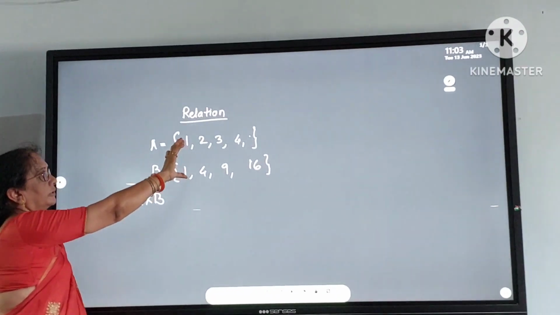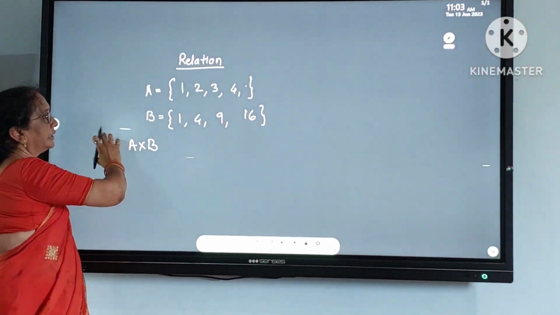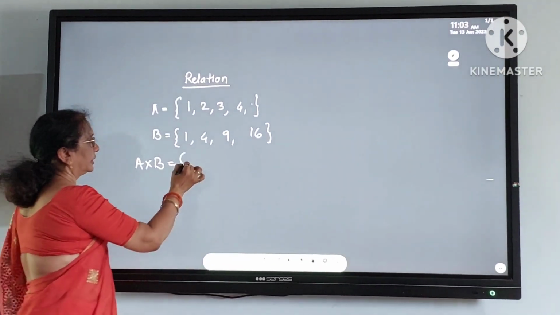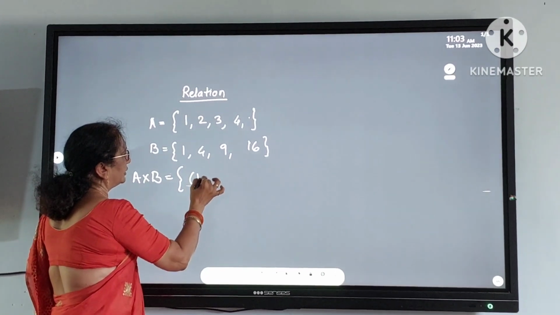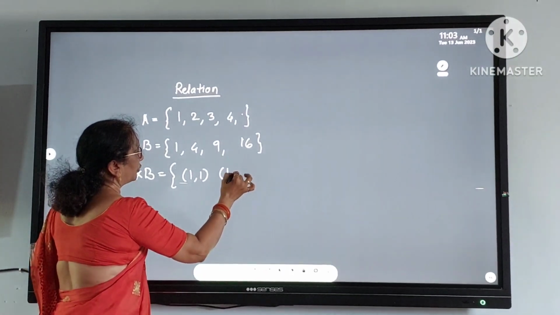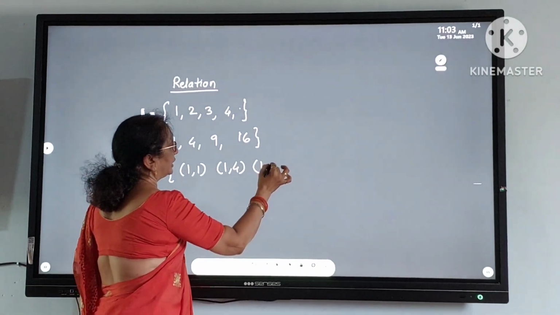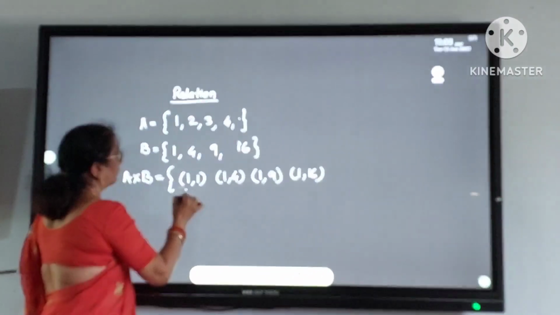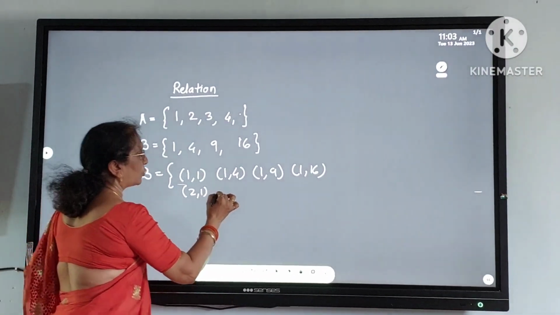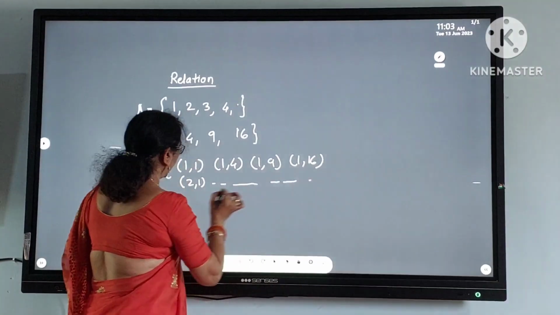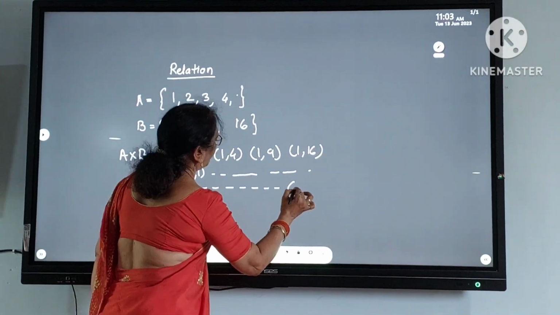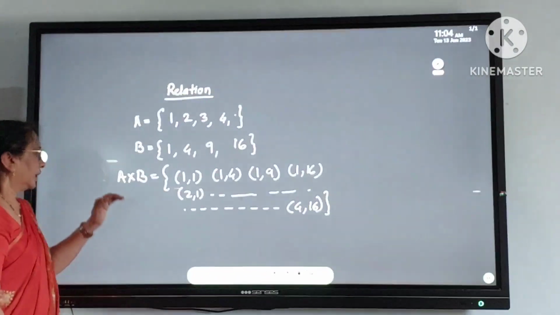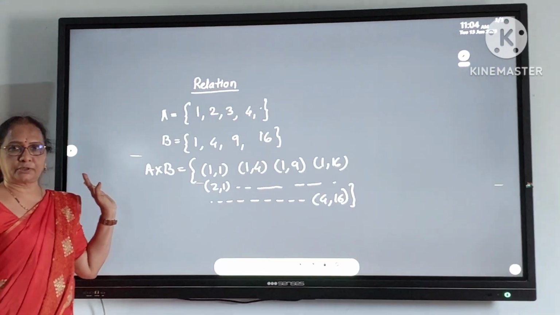The ordered pairs are (1,1), (1,4), (1,9), (1,16), then (2,1), and so on, and the last ordered pair is (4,16). This is the Cartesian product.